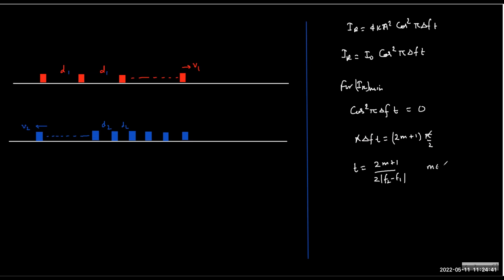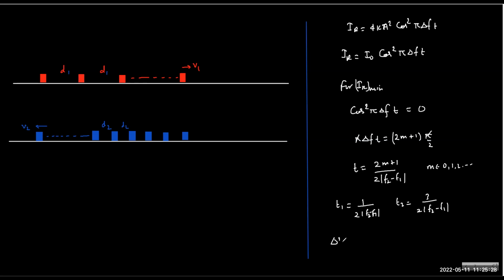Here m you can take from 0, 1, 2, and so on. Now if you find the first instance of a minima, you get, let's say, 1 upon this, but the second instance will be 3 times this.